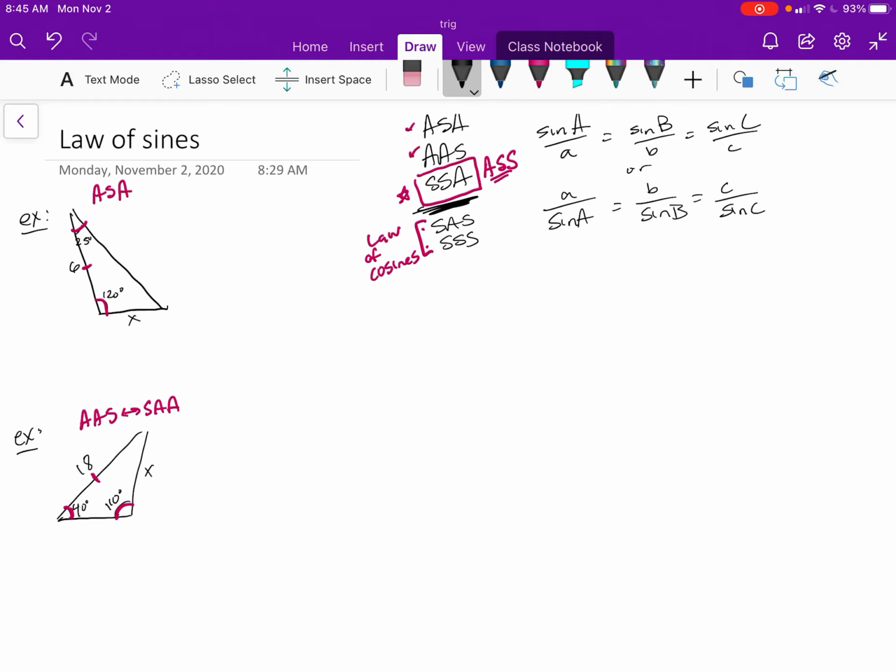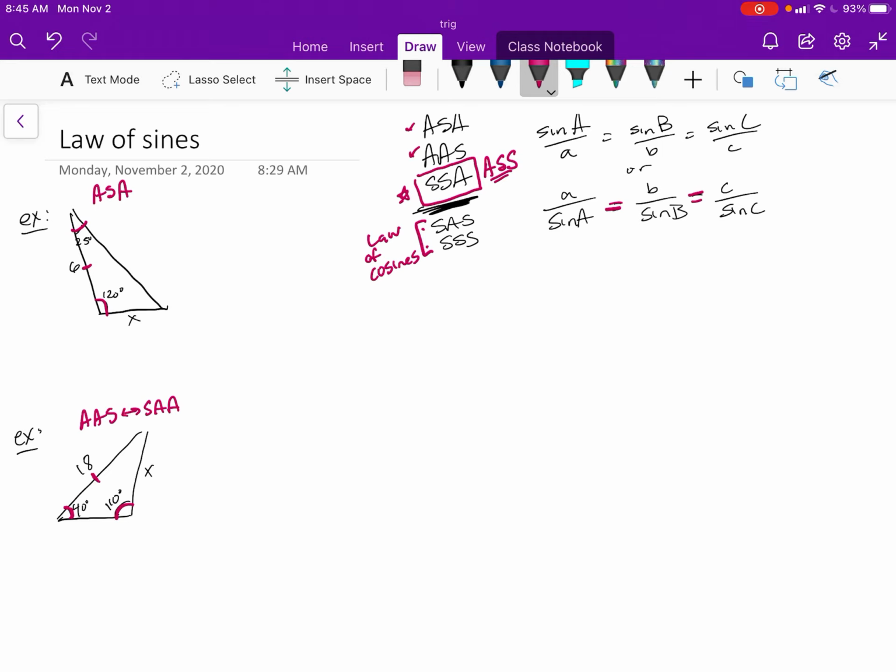It doesn't matter which one you use, just sometimes it's easier to use the one with the unknown in the numerator, but it really doesn't matter. They're the same thing. And we don't usually deal with an equation with three parts to it, like equals this, equals this, equals this. The point is you use the two that you need.